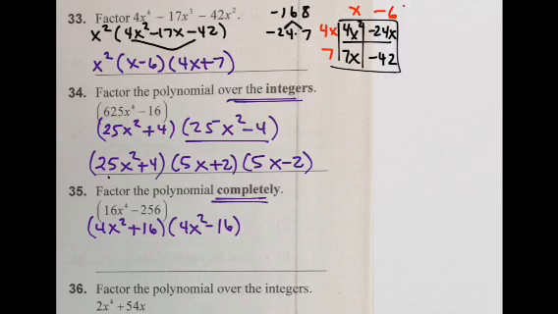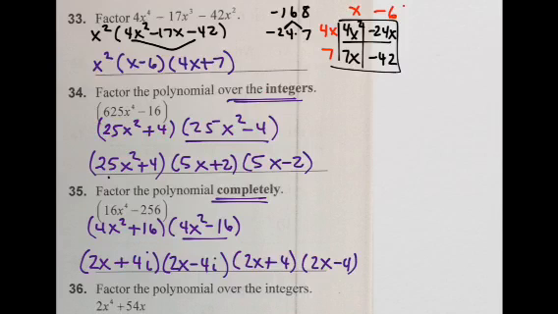Okay? So this is how that works. You would treat it like a difference of squares, 2x plus 4i, then 2x minus 4i. For the next one, this one right here, this is going to be 2x plus 4, 2x minus 4.